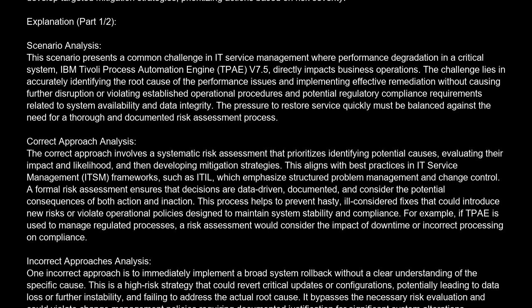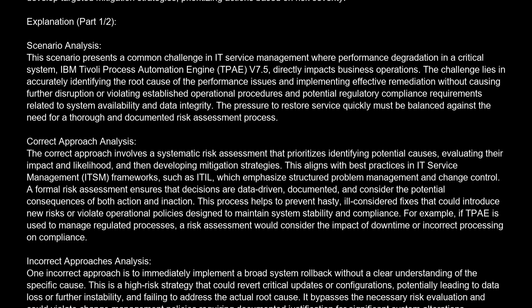Correct approach analysis. The correct approach involves a systematic risk assessment that prioritizes identifying potential causes, evaluating their impact and likelihood, and then developing mitigation strategies. This aligns with best practices in IT service management, ITSM, frameworks such as ITIL, which emphasize structured problem management and change control. A formal risk assessment ensures that decisions are data-driven, documented, and consider the potential consequences of both action and inaction.